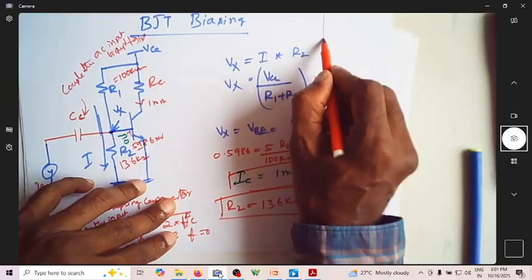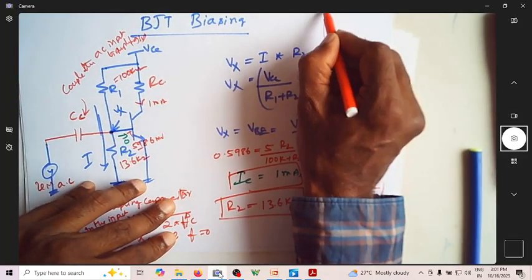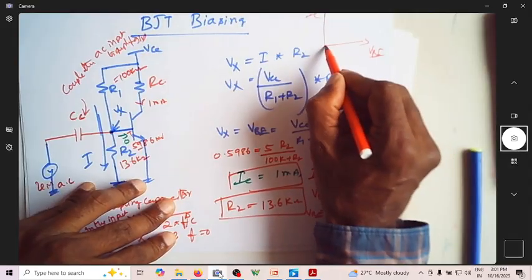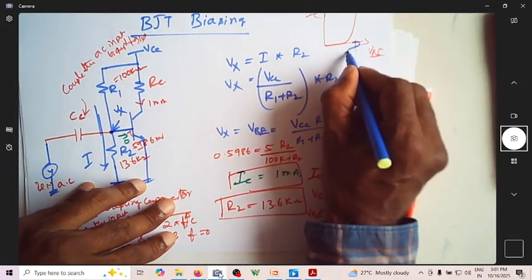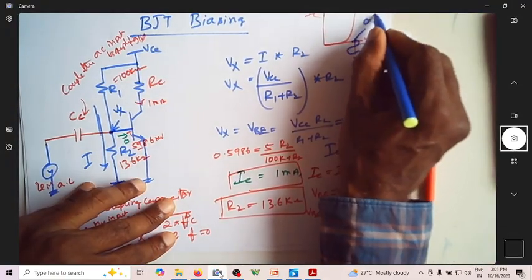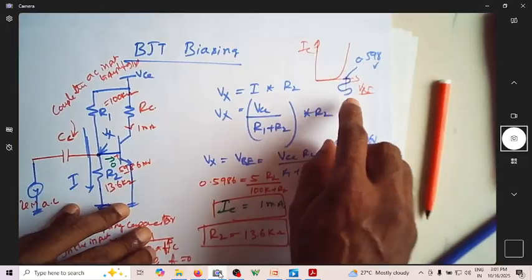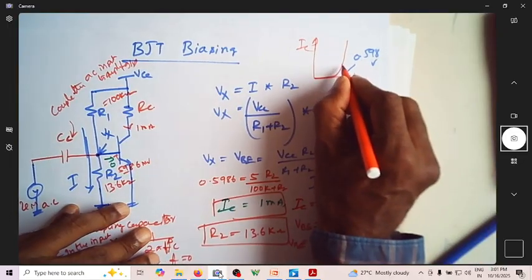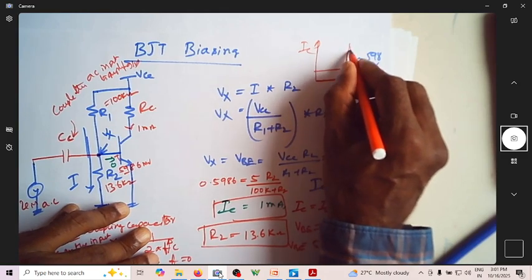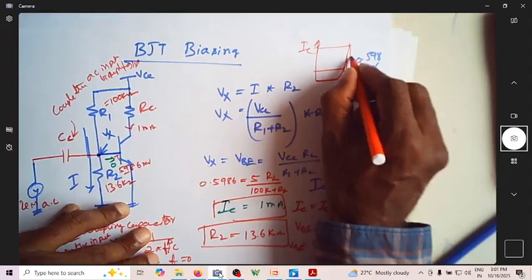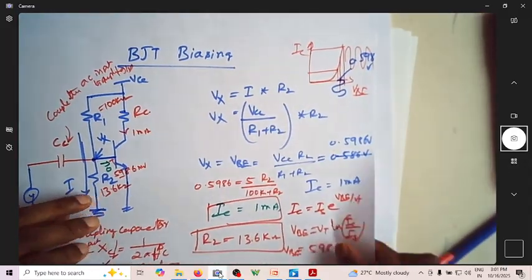Now it is swinging around, if this is VBE, if this is IC, 0.598 volts. It is swinging around that point. So when it is swinging around that point, you will naturally get a huge change in IC voltage.